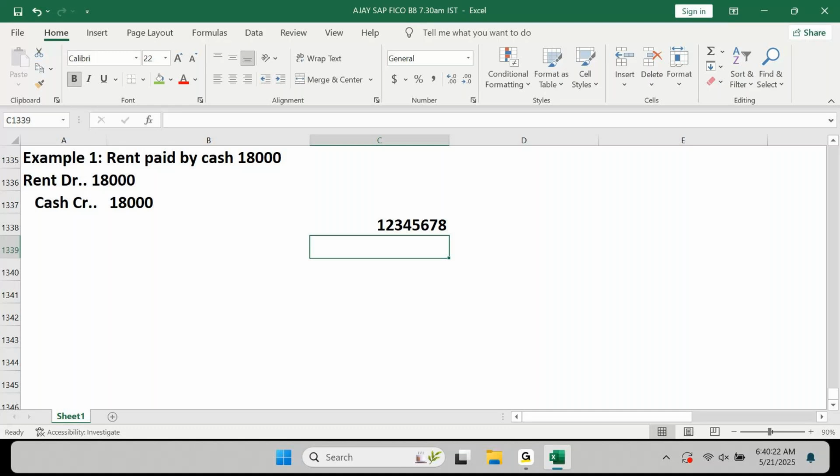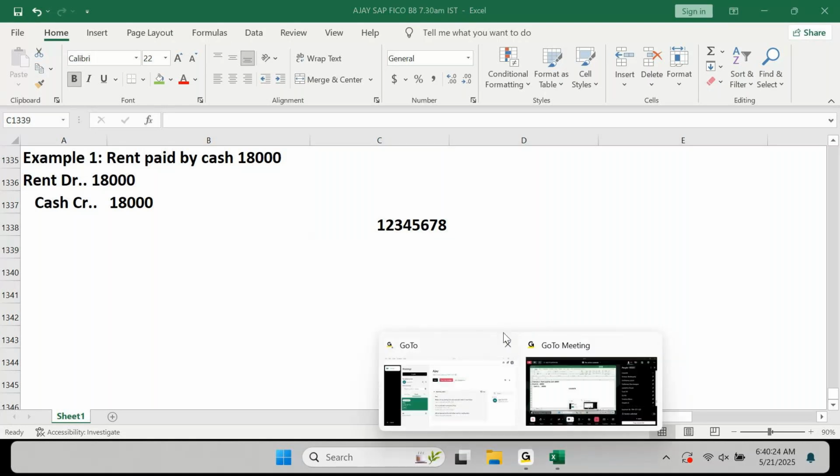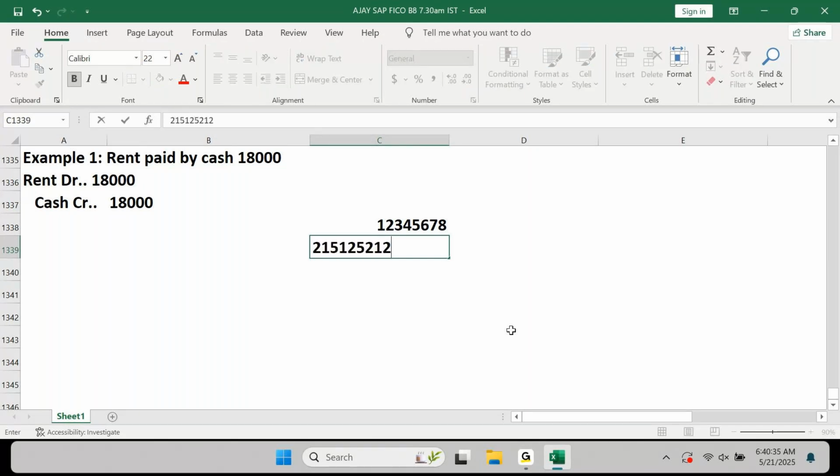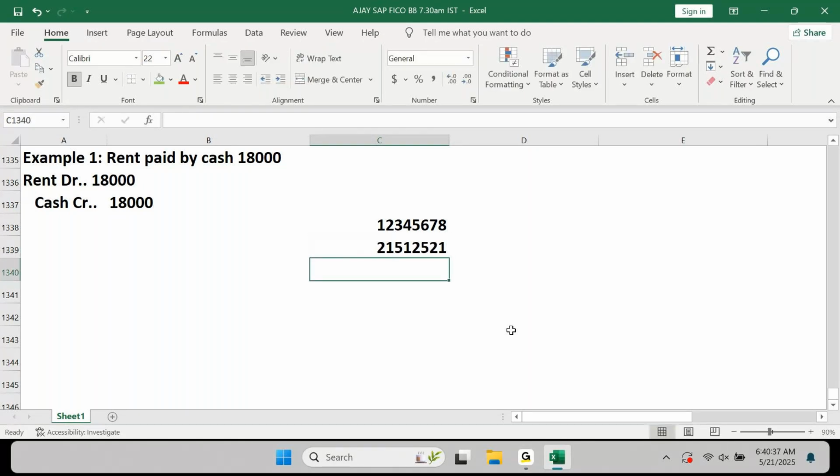and credit, cash account. Now for the cash account also I need to write some other number, maybe. Now is anything clear by writing these numbers, or nothing is clear?